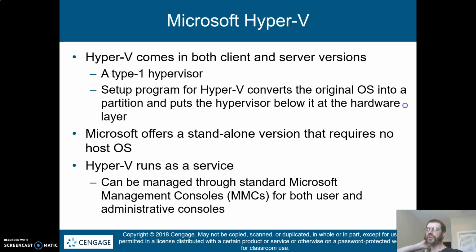There is also a standalone version that doesn't have a host OS. Technically speaking, the Type 1 Hyper-V probably still has a server core or nano server instance running underneath it, supporting what is essentially its primary function, Hyper-V.